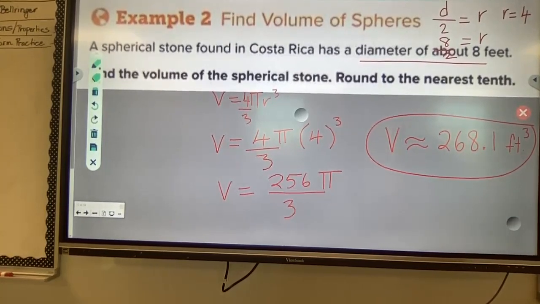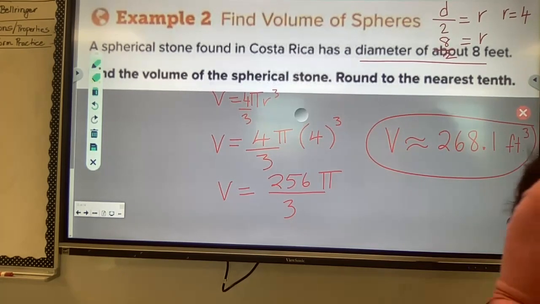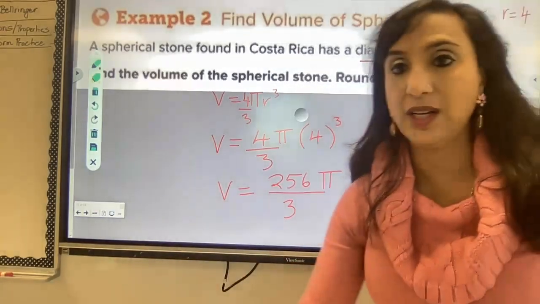Now, the question is, why in the case of an actual spherical object made of stone or another material is it best to report the volume as an approximation and not in terms of pi? So think about it. What is pi? Pi is an irrational number.